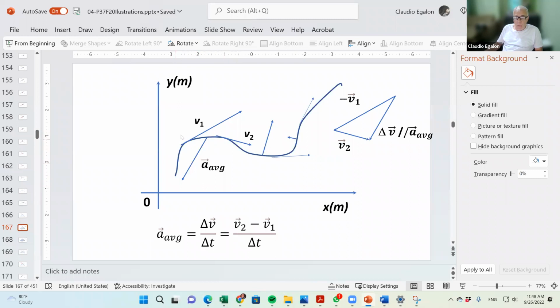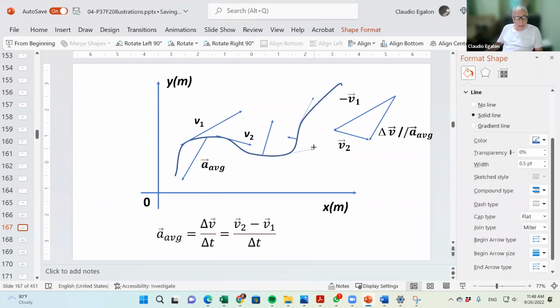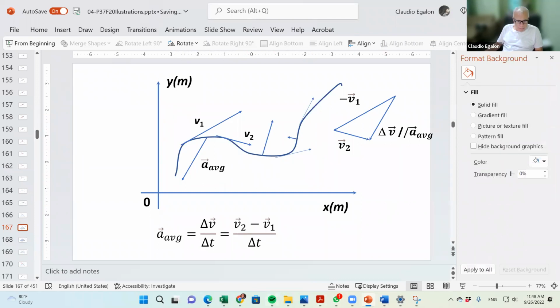This is no coincidence, this is the actual result. Here too we have a concavity, and the average acceleration is pointing towards the center of the concavity, and so on.